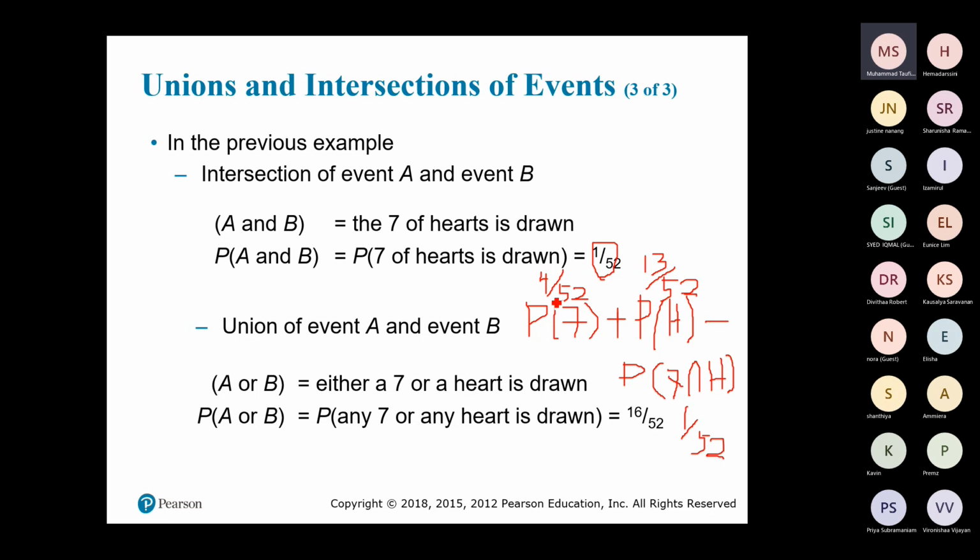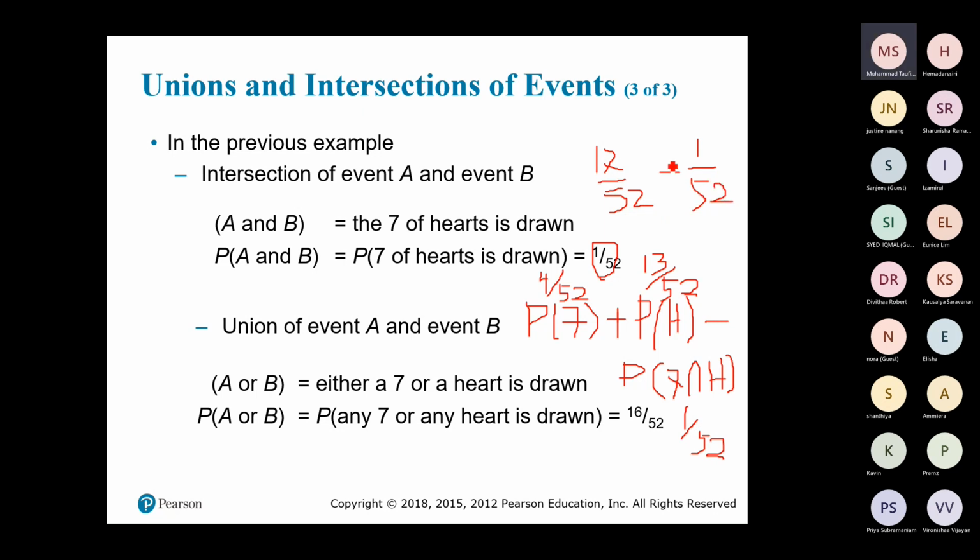Okay, so you have to add the probability of a 7 and the probability of pulling a heart. So 4 plus 13 is 17, right? So 17 over 52 minus 1 over 52.